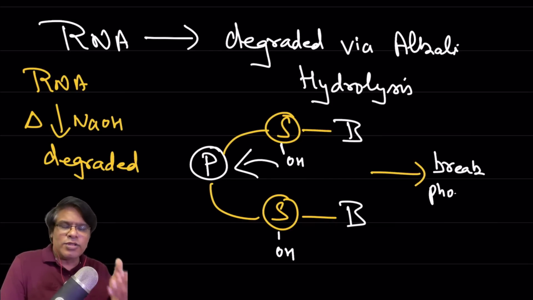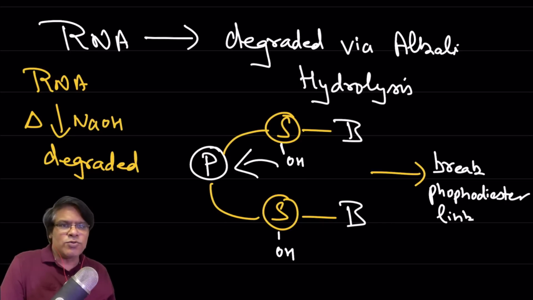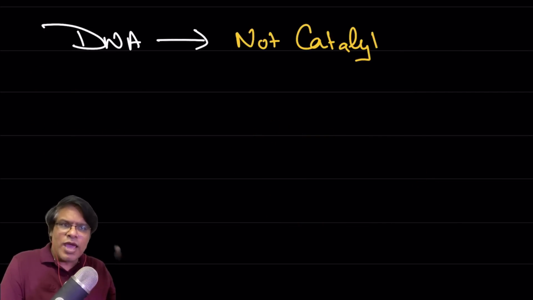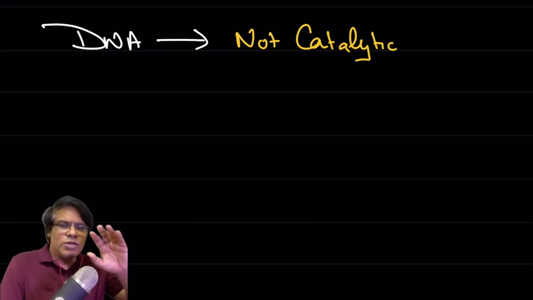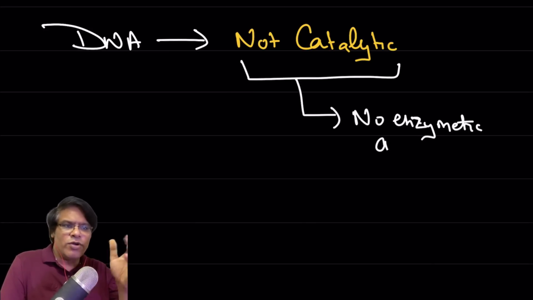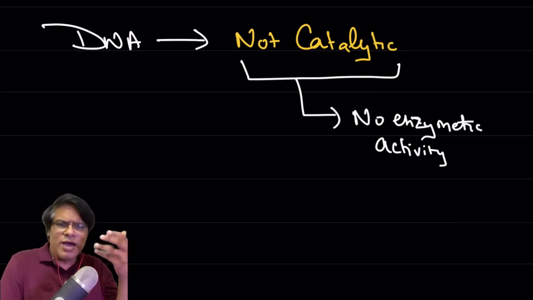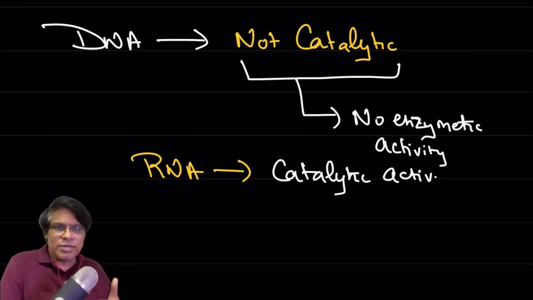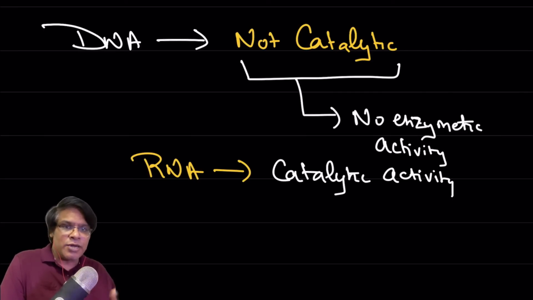Now another important point here, I just want to tell you, in case of DNA, you are not going to see any enzymatic activity. In DNA, till date, no enzymatic activity has been reported. So DNA is not going to have any catalytic activity. But certain RNA, not all, some of the RNA, can have catalytic activity, they can have enzymatic activity.